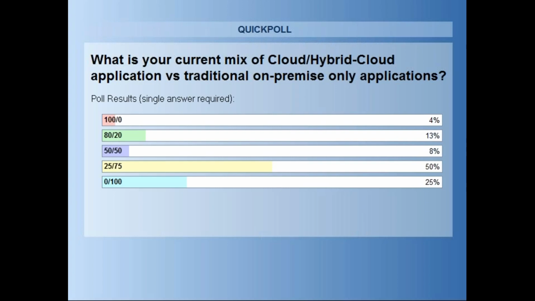I guess here might be the big surprise, guys. 25% cloud hybrid, 75% on-premises represents fully 1/2, 50% of our audience, and then another quarter of our audience, 25%, is 100% on-prem, not cloud hybrid at all. That surprises me. What do you guys think? Is that kind of what you expected, fellas?